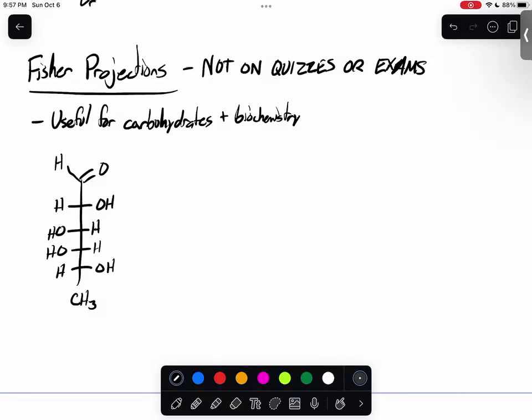So if we were to show this with a little bit of actual stereochemistry, and I'm only going to do it for the top piece here, essentially it kind of would look like this here. I'll just make this CH3 and this the OH. Okay?